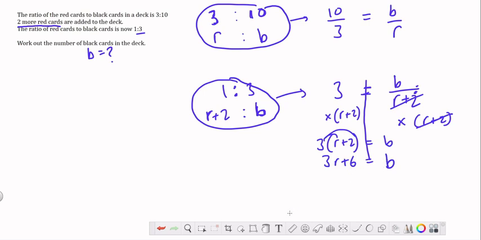Now what I can do is replace this B over here, up here, with this thing over here. This B is equal to 3R plus 6, so I can replace this B with 3R plus 6.